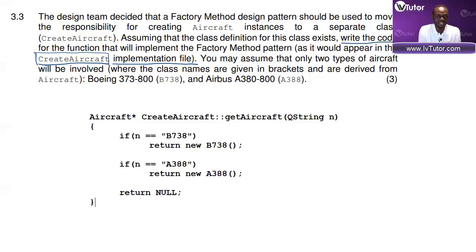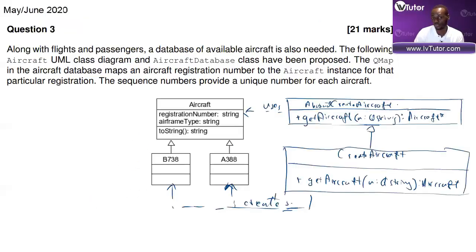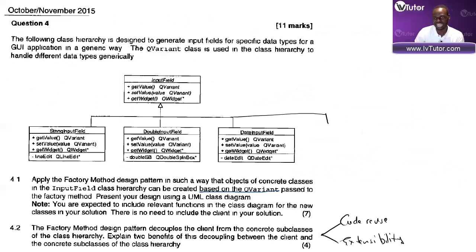So you can say that the factory method design pattern is very straightforward to apply. It's all about the function that returns an instance. The only question that I found tricky out of all these questions is the one that used the Q variant. Fortunately, they did not ask you how to implement the function.